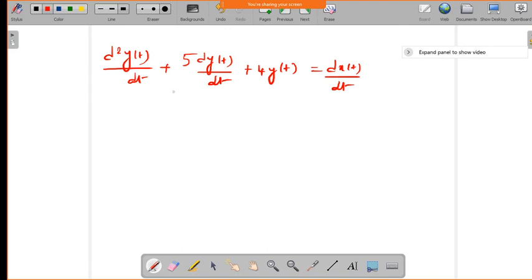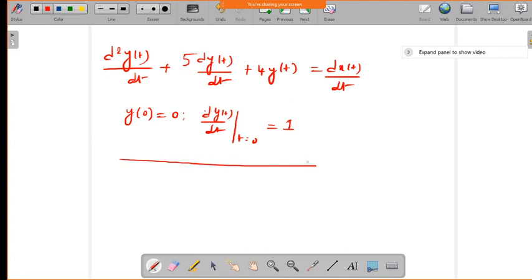Okay. So, the initial conditions are y of 0 equal to 0 and dy of t by dt at t equal to 0 which is equal to 1. Okay. So, these are the two initial conditions and the input is given by x of t which is equal to e power minus 2t into u of t.